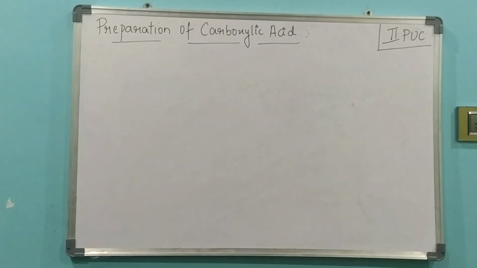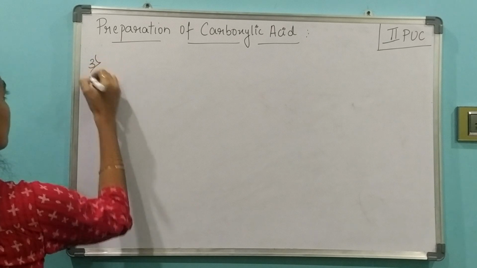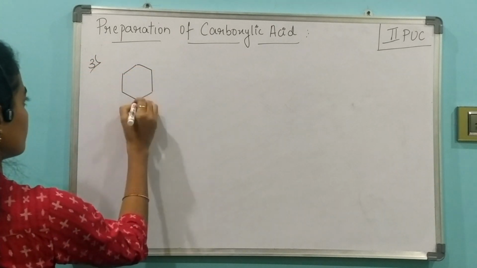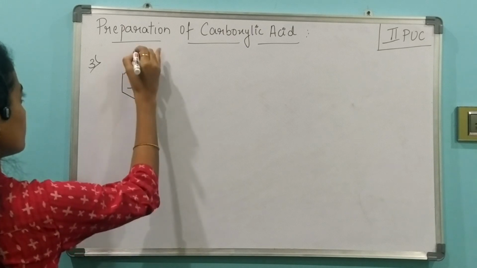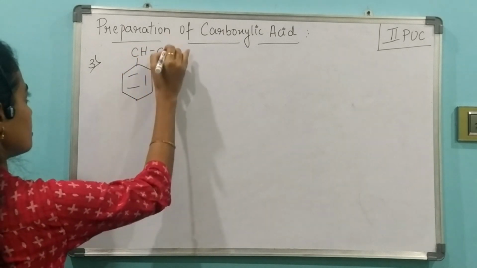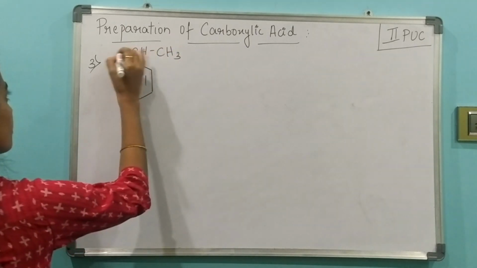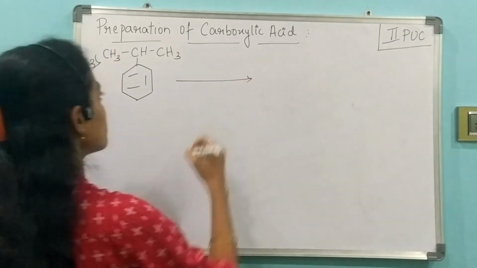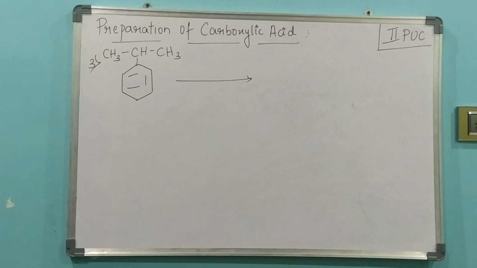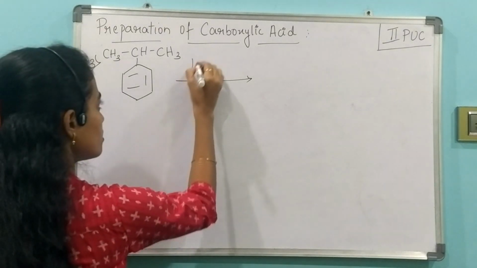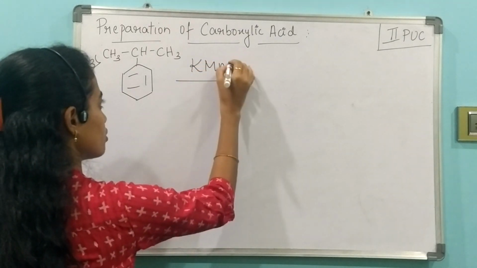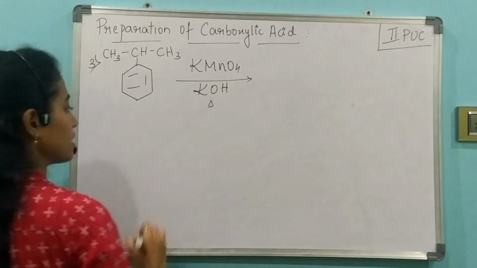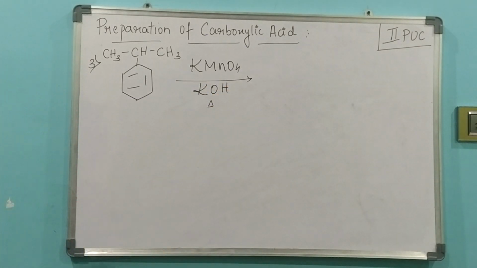Take the third example. Take secondary alkyl benzene and try to prepare the carboxylic acid from this secondary alkyl benzene. By using again the strong oxidizing agent potassium permanganate in the basic medium and apply some heat. So what are you going to do here?